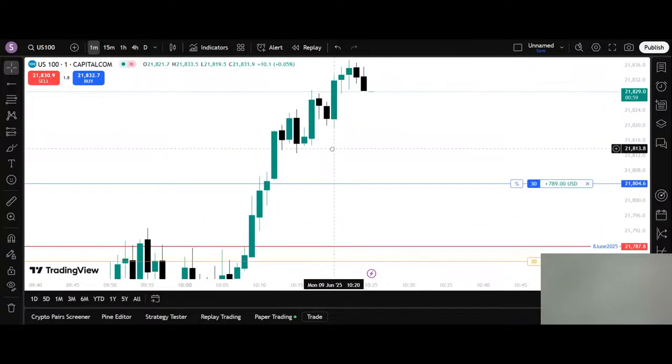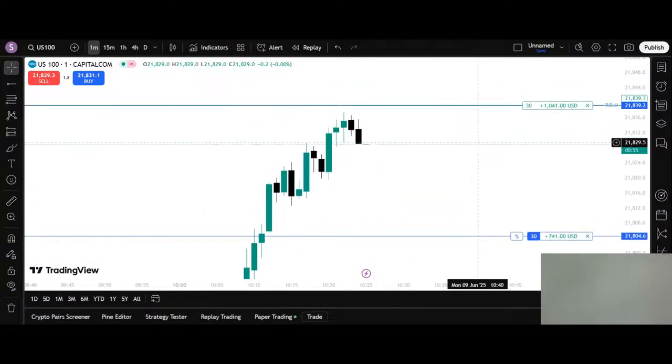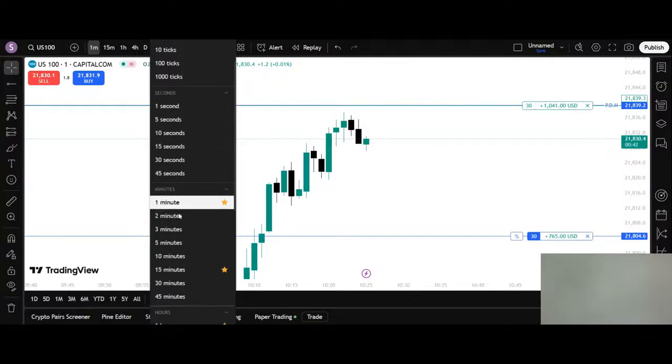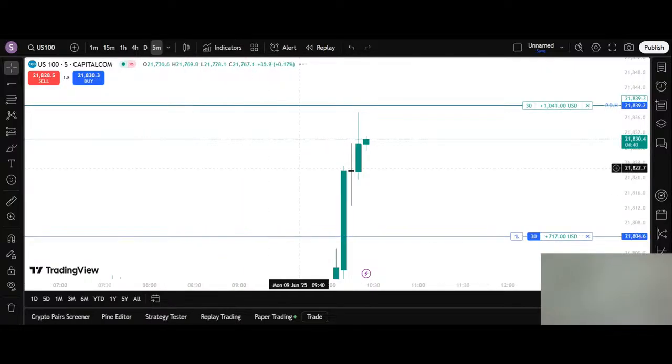If it comes back down again, I might put my entry, because I'm not really liking this. Or you just leave it at 30 ticks. Let's see on the 5-minute chart. And that kind of was good.